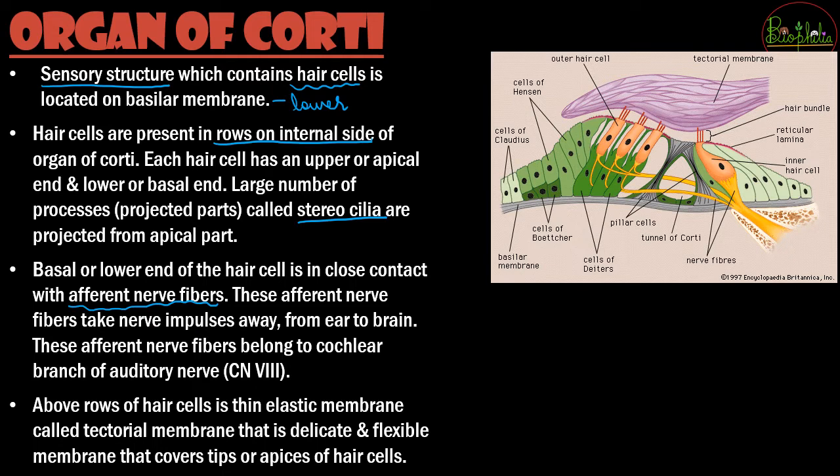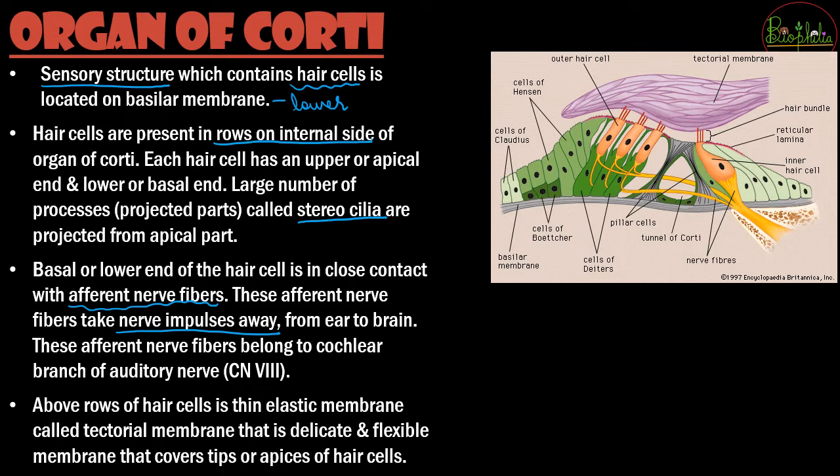And because of the sound waves, when these hair cells move, the afferent nerve fibers are going to take nerve impulses. And as soon as nerve impulses go from the ear to the brain, the signals are going to be sent that there are some sound waves, and those are going to be interpreted.